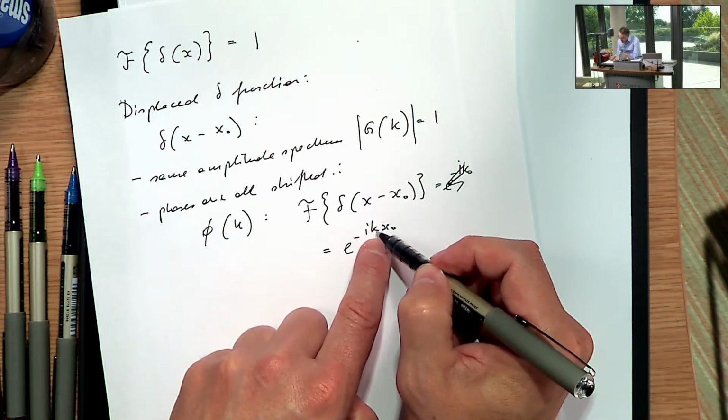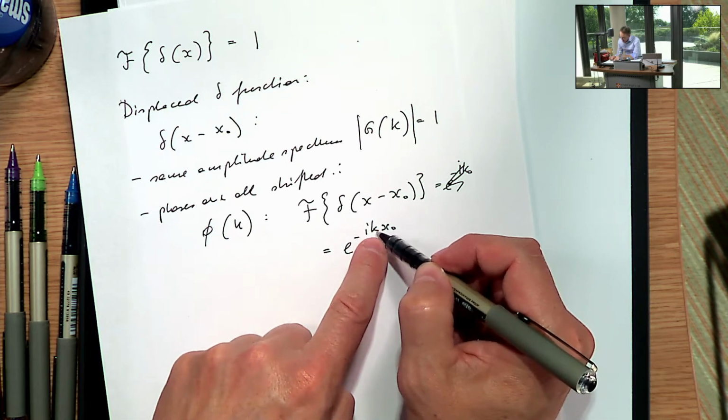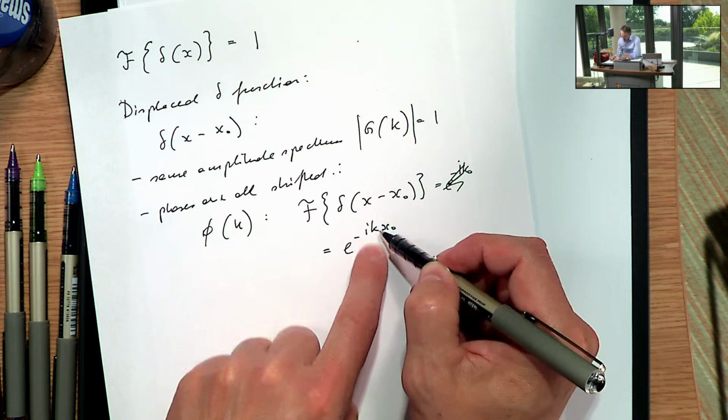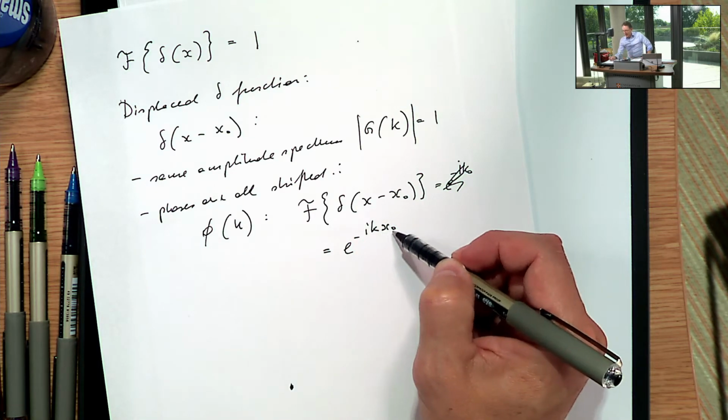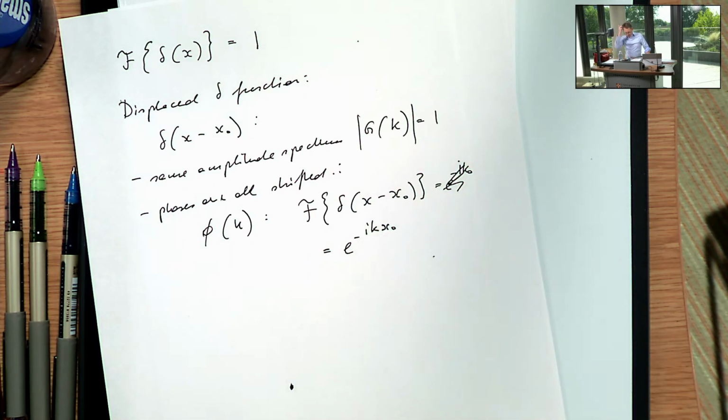So each component at frequency k will have to be shifted by k times x naught. Okay?